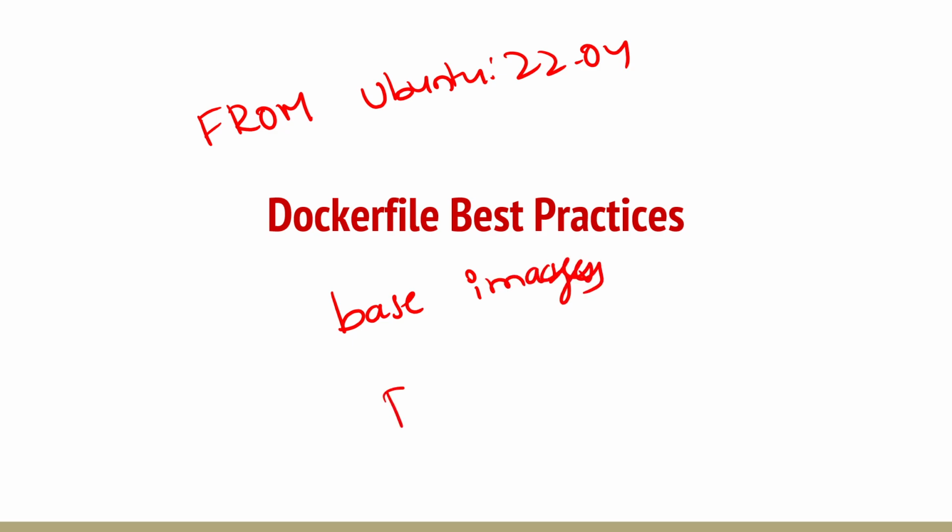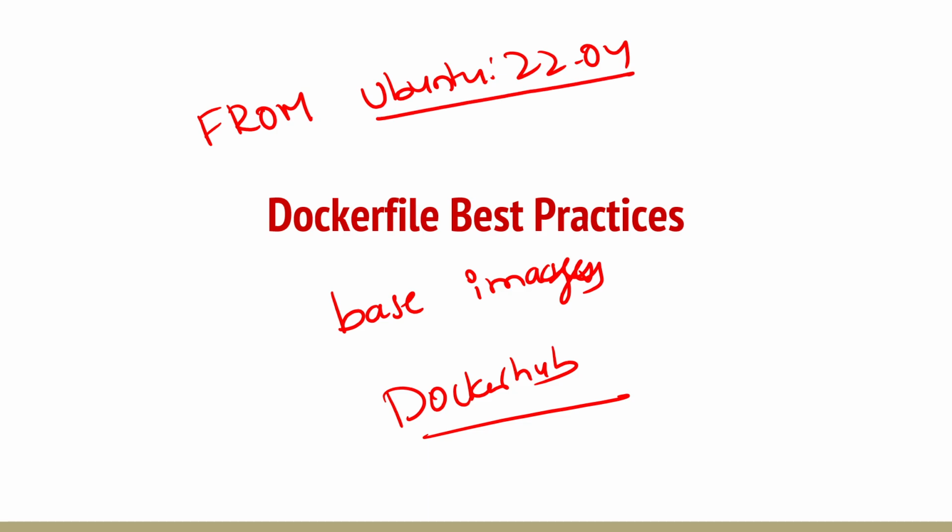Docker Hub is a registry which contains a lot of base images. Always when you are creating an image, you have to refer to a base image. In my previous example, I used this version of Ubuntu, which has a default image, so use that.